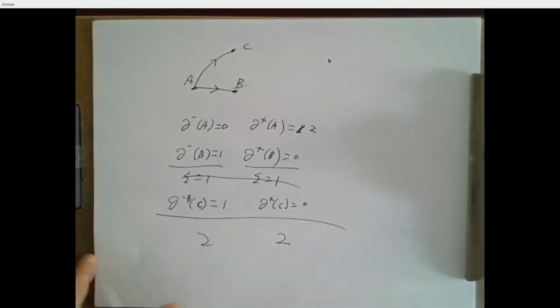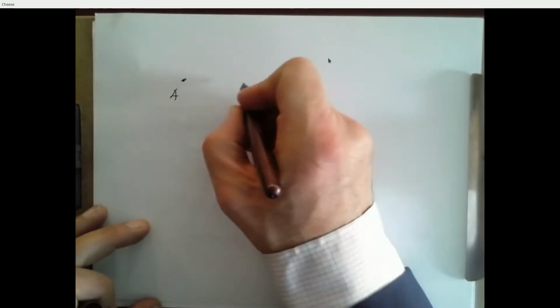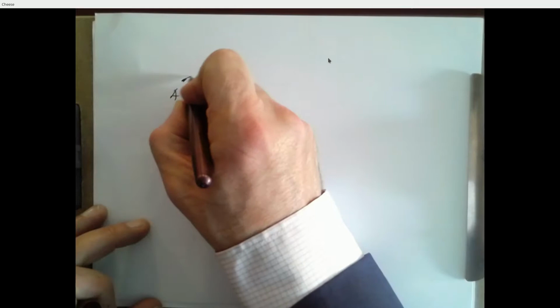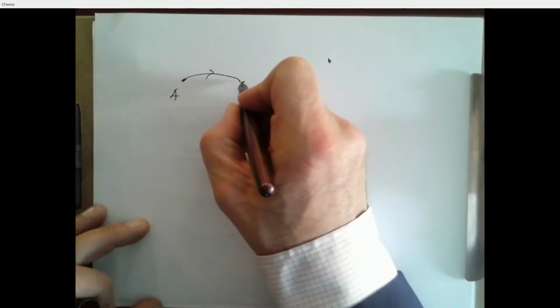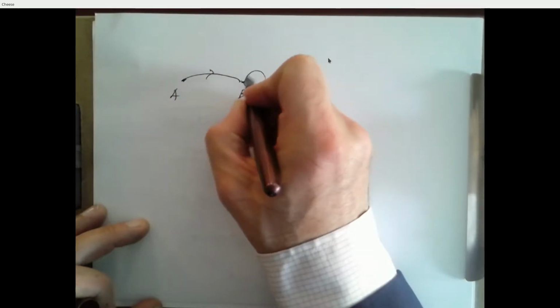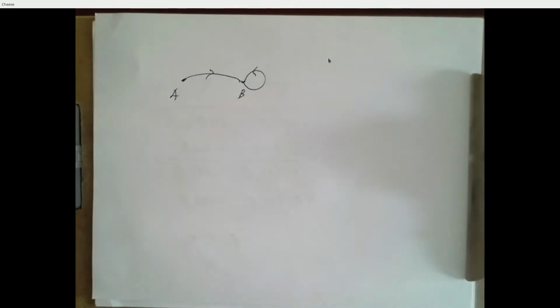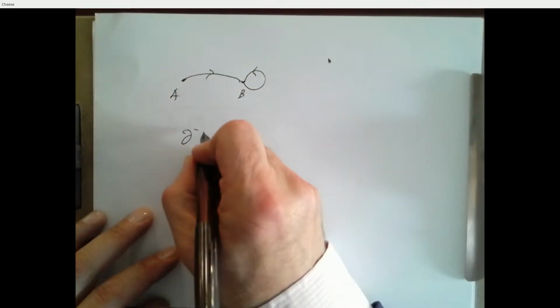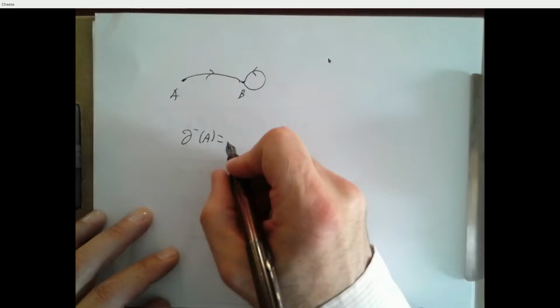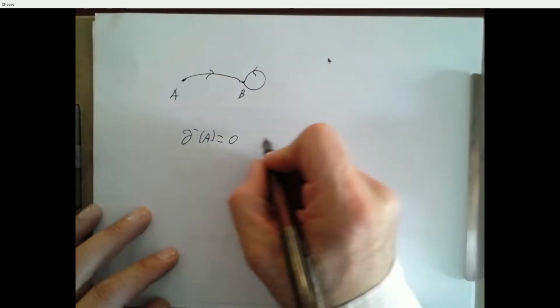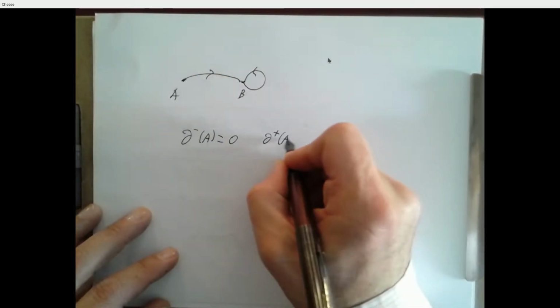And so this gets potentially a little stranger when we have loops. Like this. So in degree of A is 0. Out degree of A is 1.